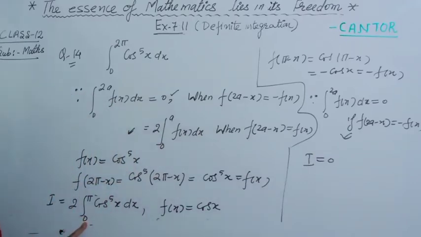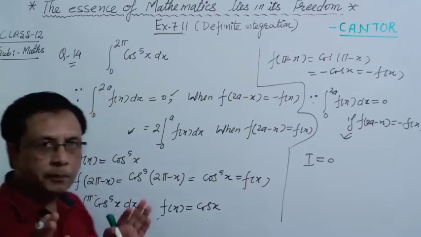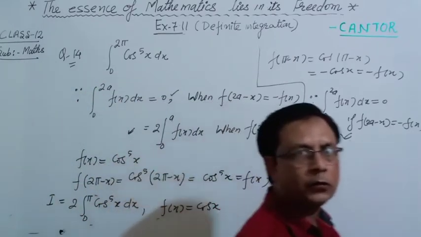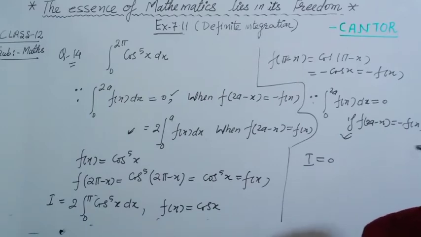Looking like a very hard question, but by using the property the question is totally dead. Okay student, note down, this is the beauty of NCERT, and from this question we learn many things.